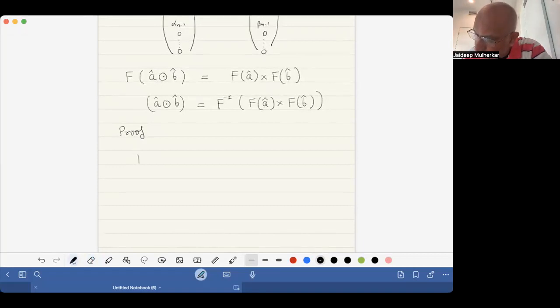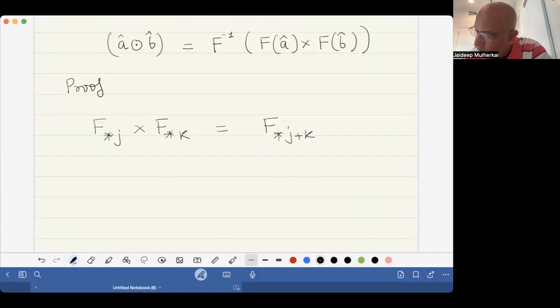If I have the jth column of a Fourier transform matrix, and you take the dot-wise product of that with the kth column, then this is equal to the j plus kth column, right? Where j and k are running from 0 to n minus 1.